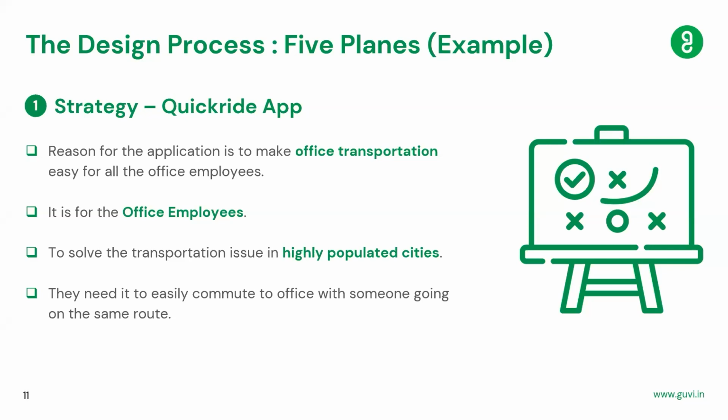It's like a bike pool or car pool, but in that there are individual drivers already operating the vehicles. But in the Quick Ride app, the office employees themselves are the drivers, and they can give other office employees a lift if they're going on the same route.